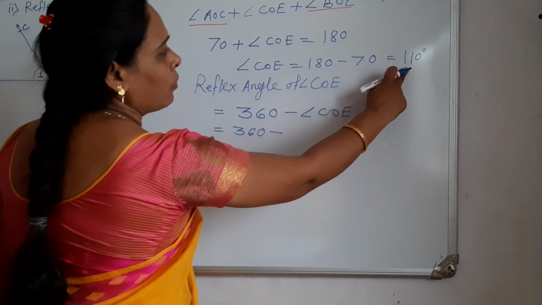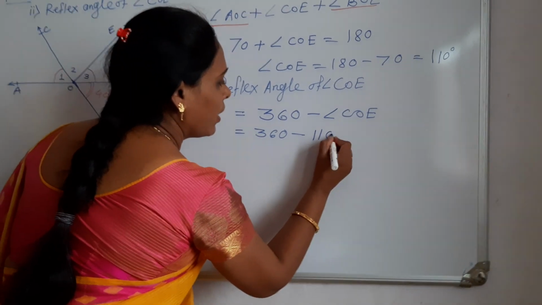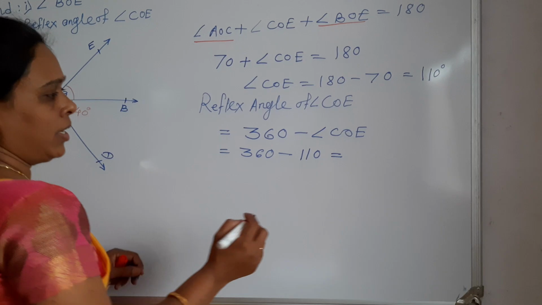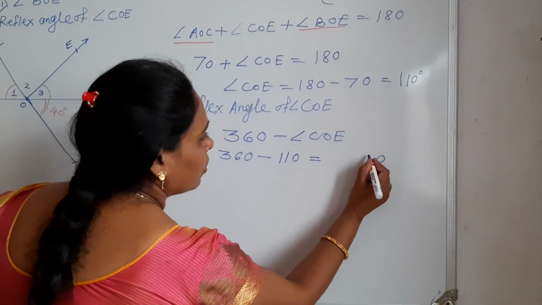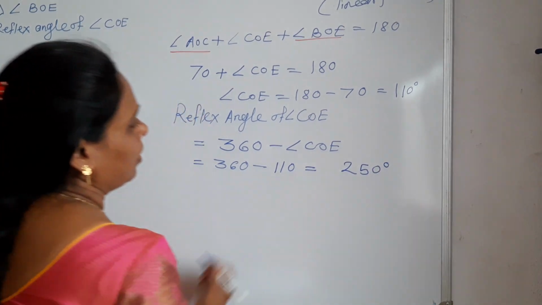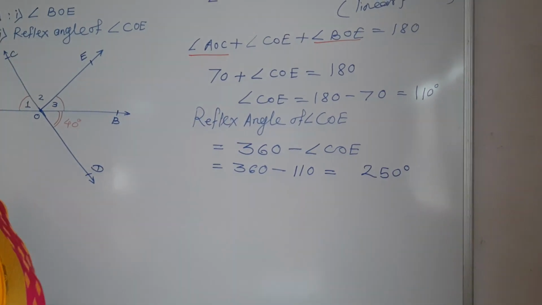That value is 110. Substitute that value and you will get 360 minus 110, which is equal to 250 degrees. Means you get the answer of the second question here.